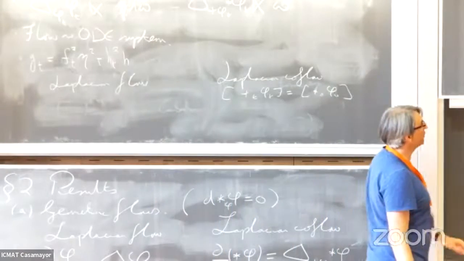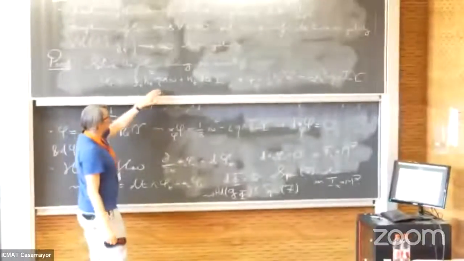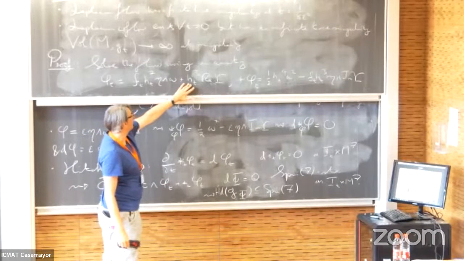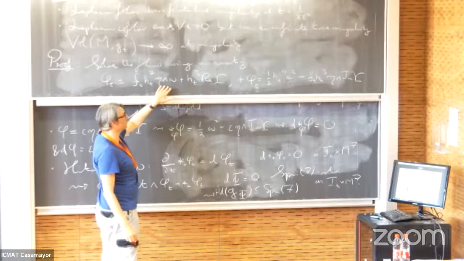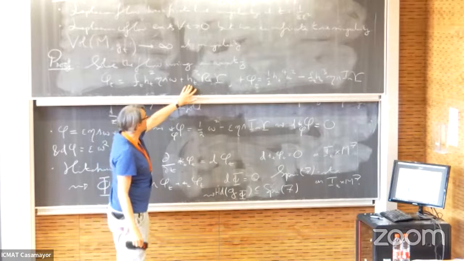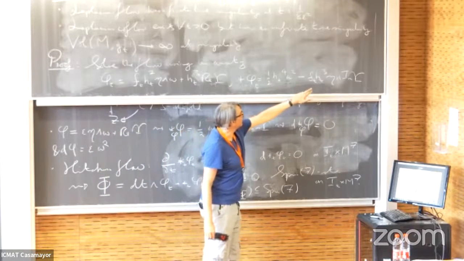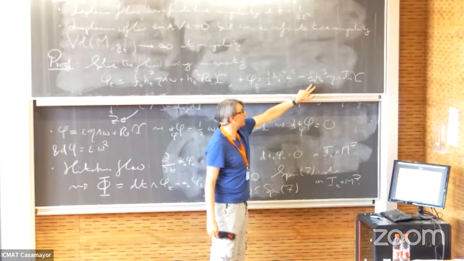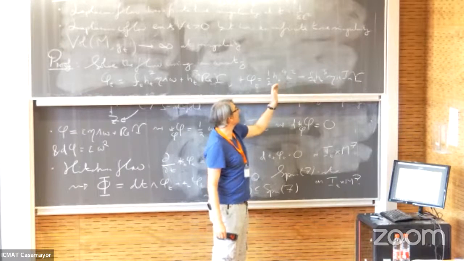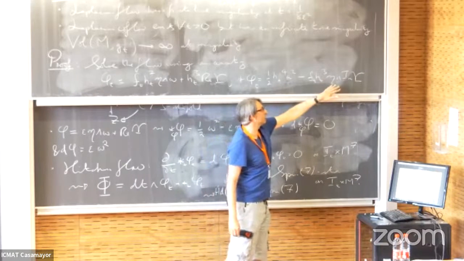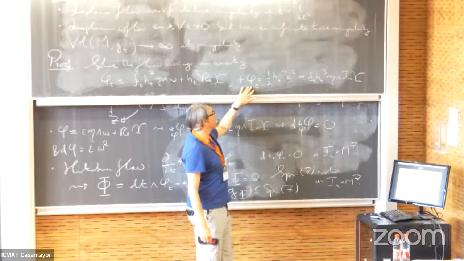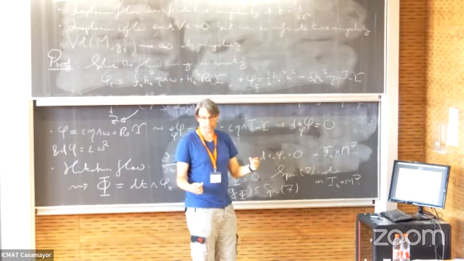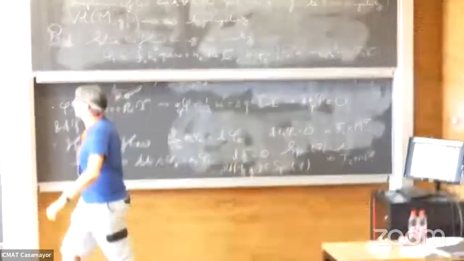However, if you look at the Laplacian flow now, it's h_t cubed that is staying the same, because we're only moving in this direction. h_t cubed is constant. That means this is not constant, because f is definitely moving. So in general, as long as this is not exact, which is basically never, star_t will not stay constant.